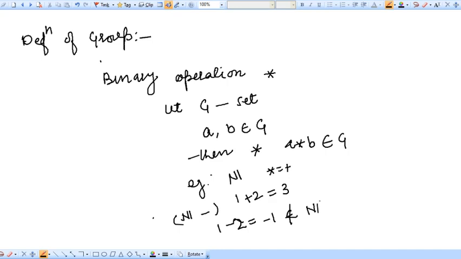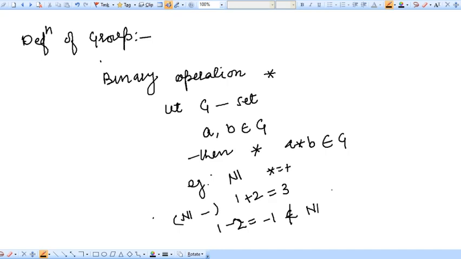Addition is a binary operation, because addition of two natural numbers is a natural number again. But subtraction is not a binary operation, because subtraction of two natural numbers may not be natural. So this thing we will have to keep in our mind.